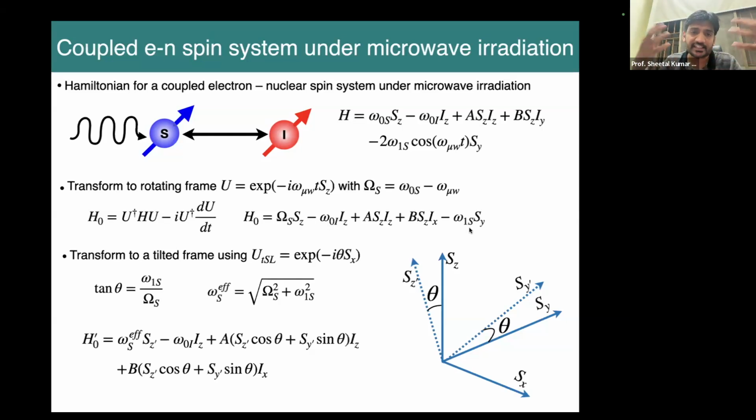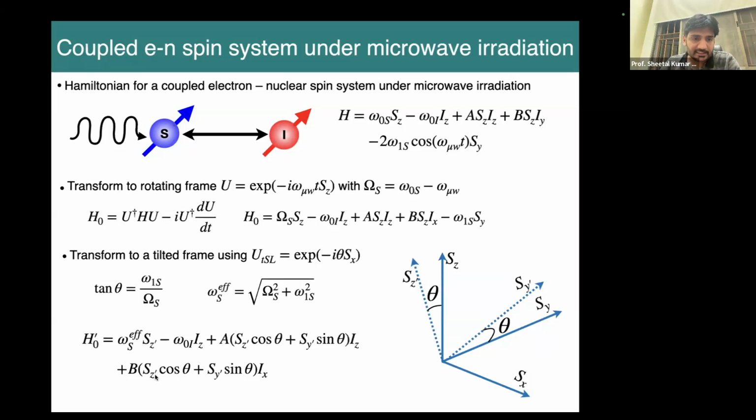We can change them because they are affected by the external magnetic field, microwave frequency, and microwave amplitude. A and B, on the other hand, are the interactions which are part of the system. Either you chemically modify the system to change them, or you deal with whatever we have in the system.